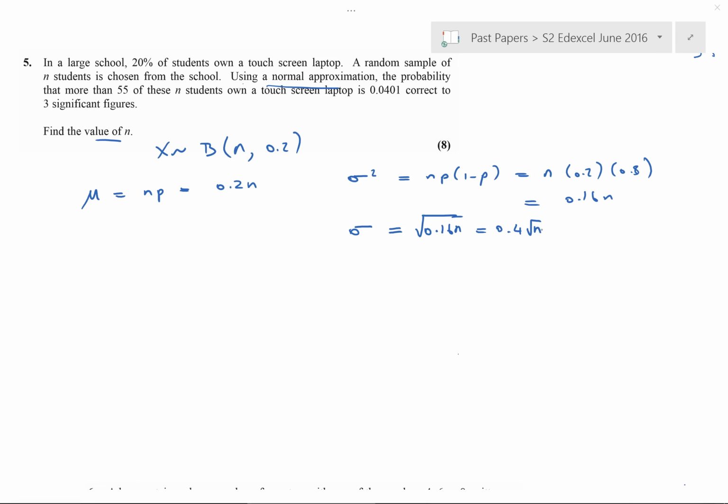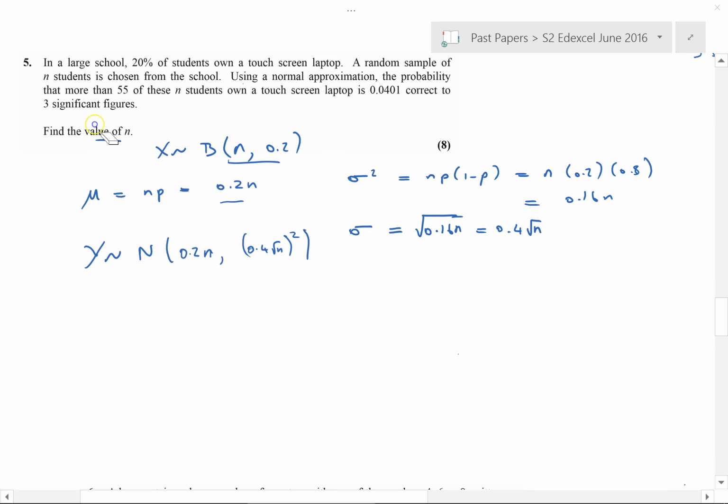So we're using, let's call it Y, our normal distribution, with mean 0.2n and standard deviation 0.4 root n, which will give approximate values for the binomial. We normally write it with the variance. So that's our normal distribution that we're working with.